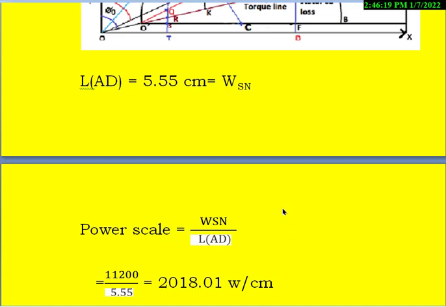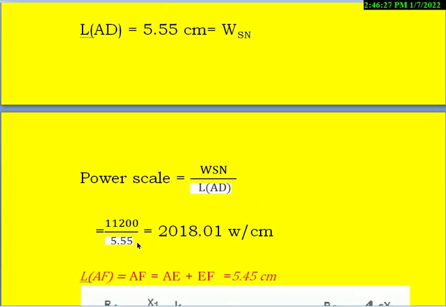Now from this we can decide the power scale, that is WSN divided by length of AD, that is 5.55 centimeters, and WSN is already calculated as 11,200 watts. So once we simplify this, then we get 2018.01 watts per centimeter.